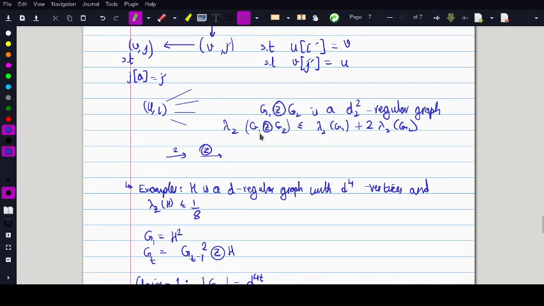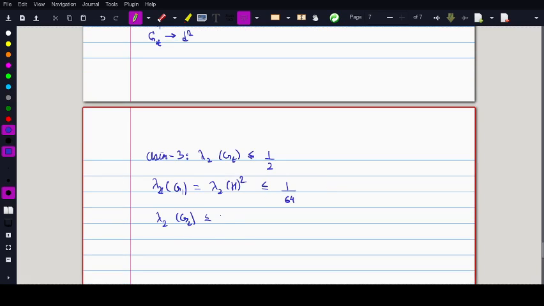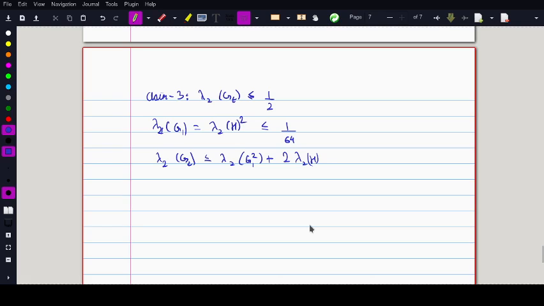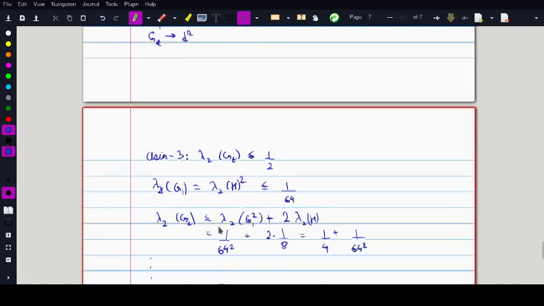So we know that lambda 2 of the zigzag product is less than or equal to this thing. So this is less than or equal to lambda 2 of G1 squared plus 2 times lambda 2 of G2, where G2 means H, sorry. So this is (1/64) squared plus 2 times 1/8. So there is 1/4 and some very small thing, 64 squared. So if you can keep repeating this, you'll see that it remains less than or equal to half in the infinite sum as well. So that's how this works.